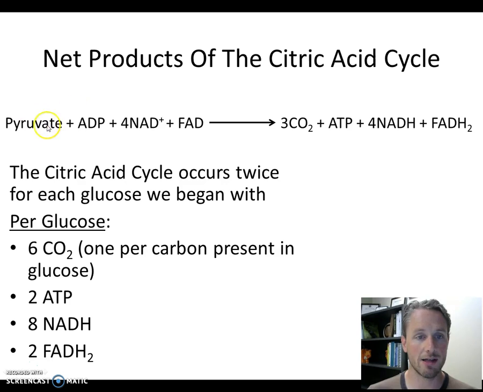Since we're doing this step twice, 2 pyruvates in, we're going to get 2 ATP out. 2 pyruvates in, we're going to get 8 NADH out. And if we put 2 pyruvate in, we're going to get 2 FADH2 out. So when we talk about the products of the citric acid cycle, more often we are interested in talking about the total amount of product from glucose, not just from 1 pyruvate. So we'll keep that in mind.